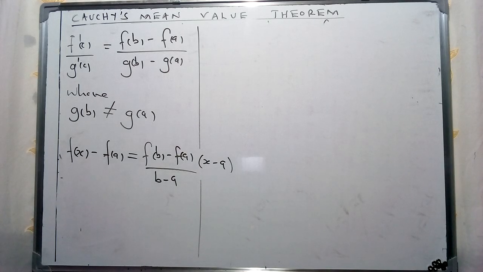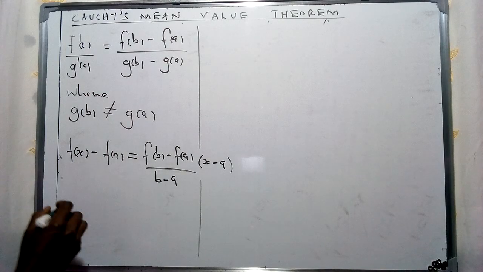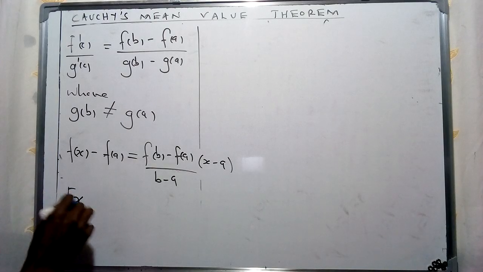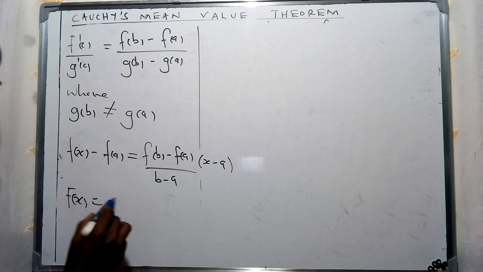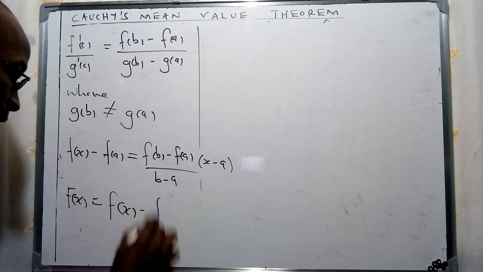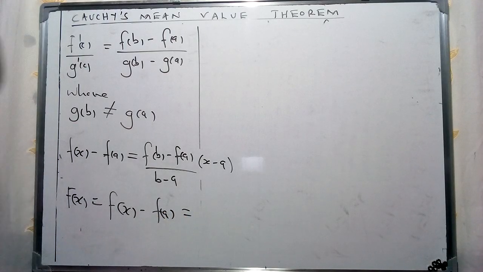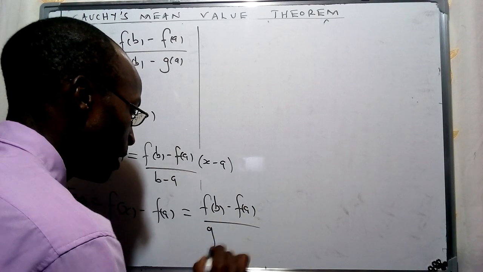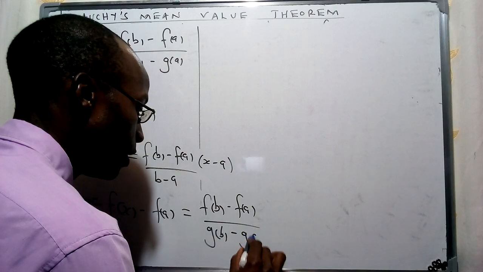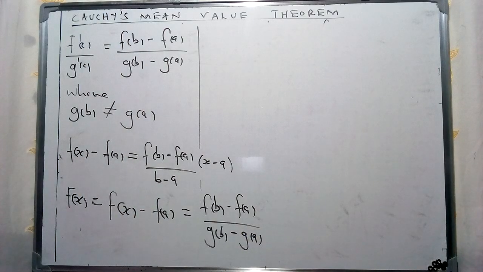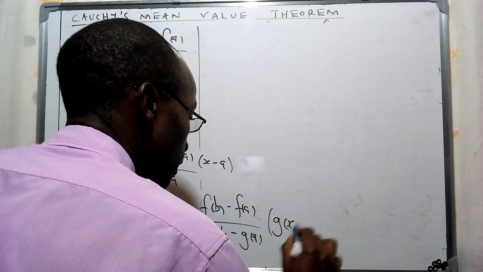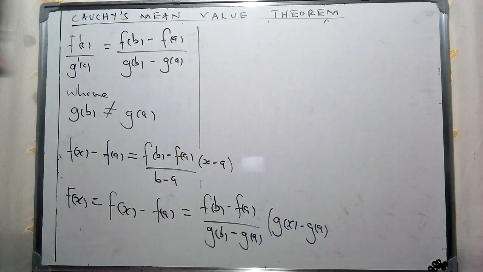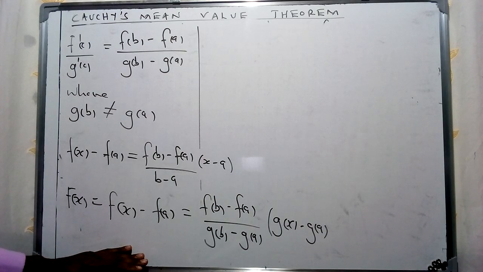So if we consider Cauchy's two theorems which we have stated, then we are going to have this function given in terms of f of x equivalent to the values of f of x minus f of a, and this is going to be given in terms of the derivative of f of b minus f of a all over g of b minus g of a, and there's going to be a difference between this g of x minus g of a. So this is going to be a version of the representation for the mean value theorem of these two functions.